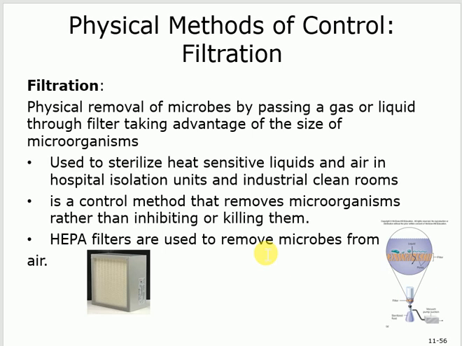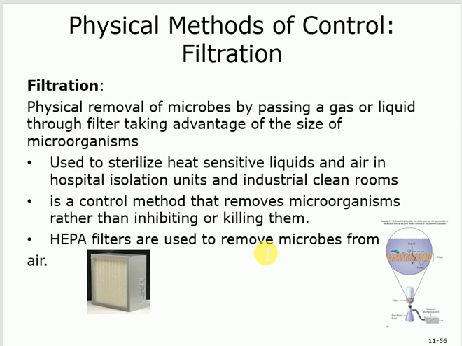You know how it works? If you think about it, why do they always tell us you have to change your filters? They always tell us that, right? Every 2 months or 6 months or something. What exactly is happening? If you go to the air conditioner and look there, you see the filter. The air is coming from one side. It goes through the filter. The filter has very small pores, smaller than the microbes.